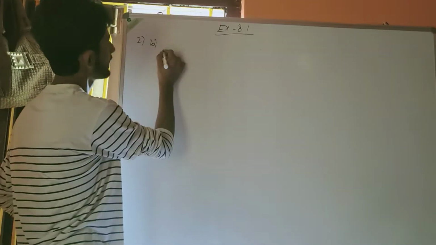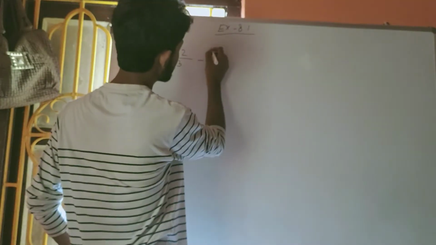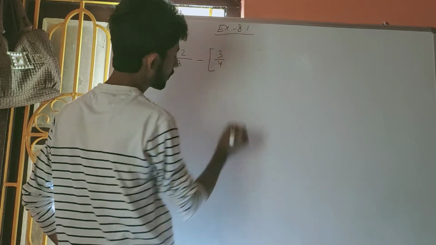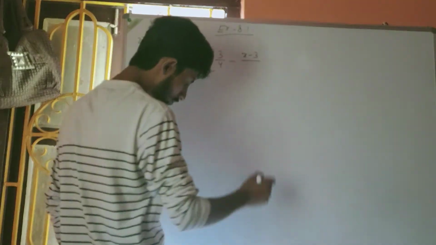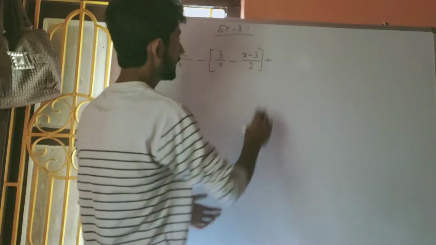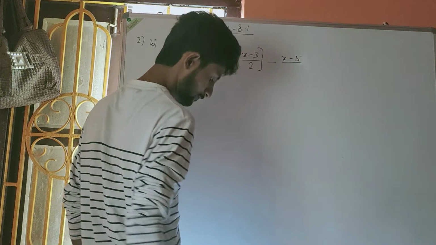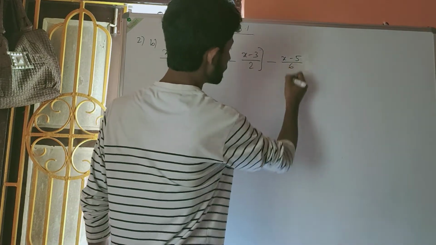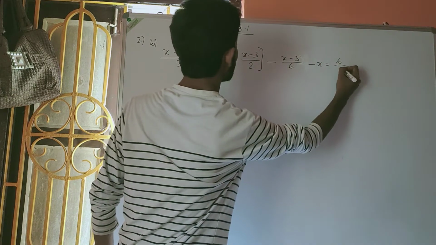Question number B says x minus 2 divided by 3, then minus 3 by 4, minus (x minus 3 by 2), then minus (x minus 5 divided by 6), minus x equals 6 by 5.